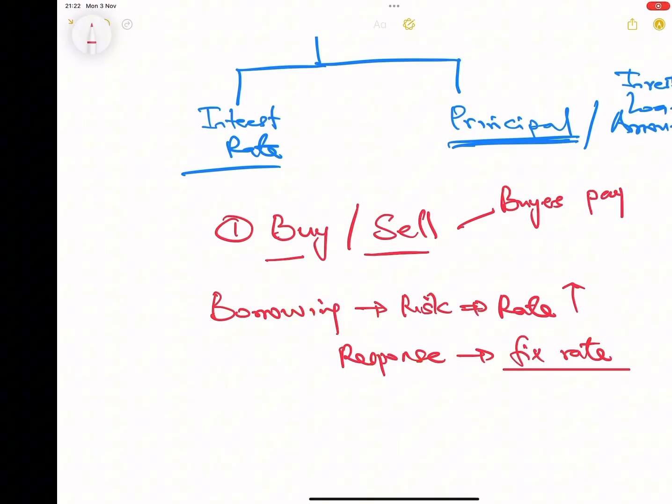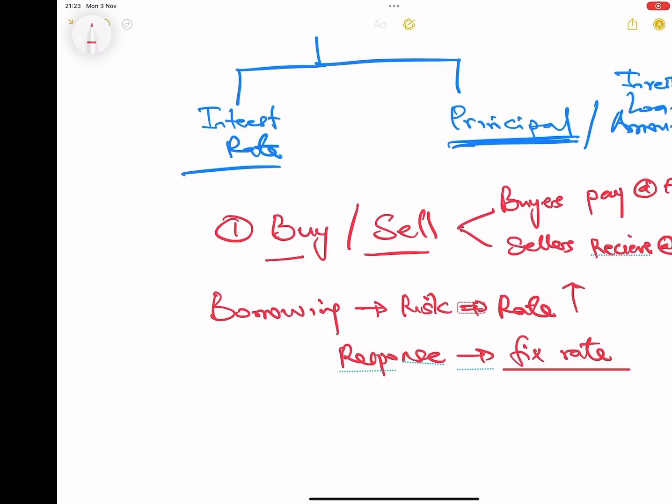Buyers will pay at FRA, which means your interest will be at FRA, your forward rate agreement rate. And the sellers of FRA will receive, remember, seller. If you sell something, you will be expecting to receive something. So that helps you to also memorize that at FRA rate.